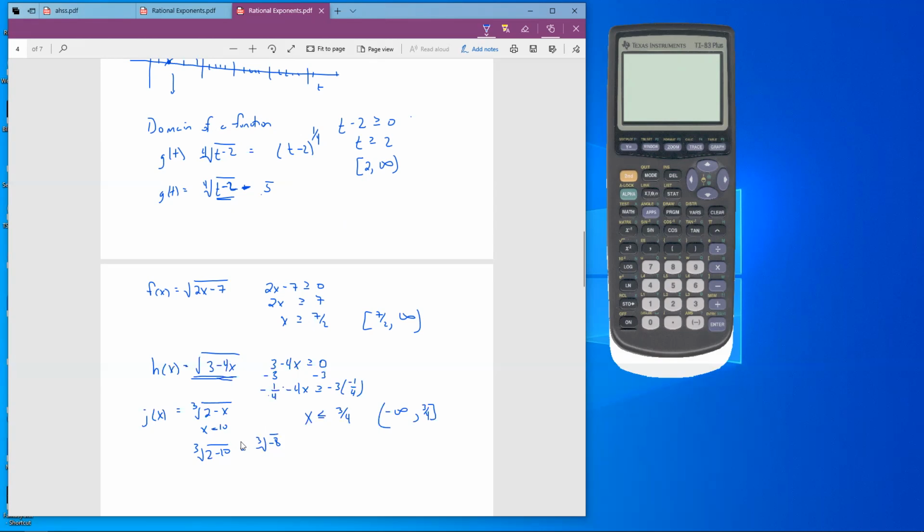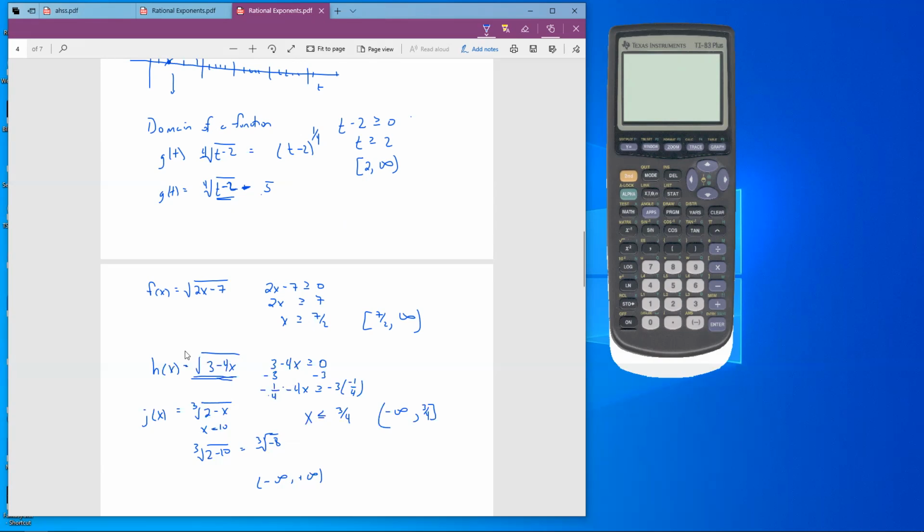We talked about this way on the first page. This was just fine. So when they ask you about the cube root, your domain for j of x, I don't care what x values are, I'll take the cube root of a negative number, that's fine. So it's kind of a trick question where they pretty much give you, well, it's all the numbers.